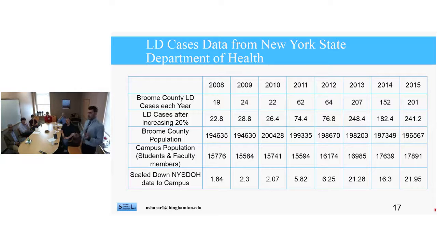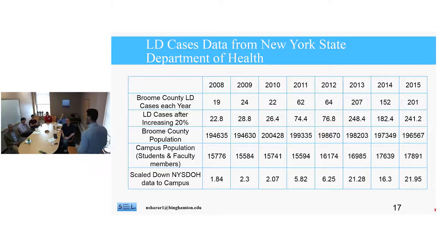Then the other data set that we are using is the LD cases from Broome County. And then we scaled that number, the first row, and we got the number for LD cases on campus, which is the last row.